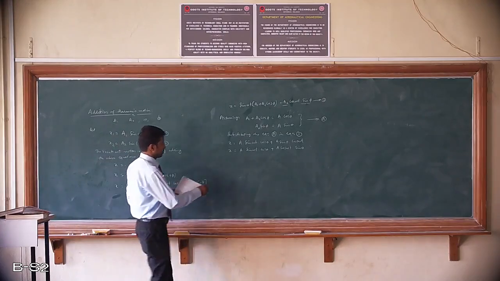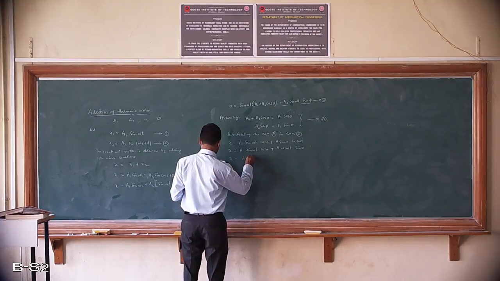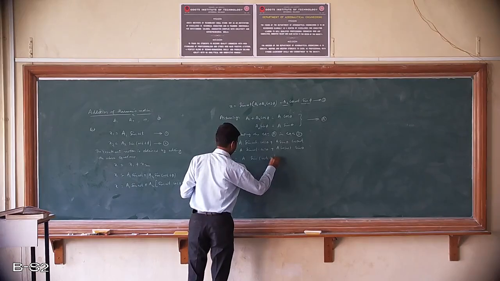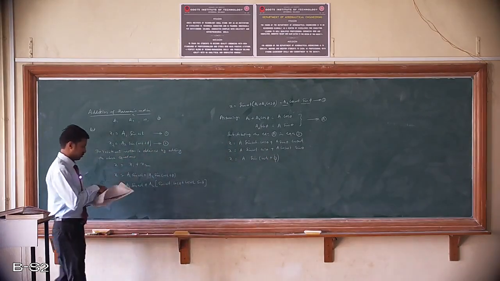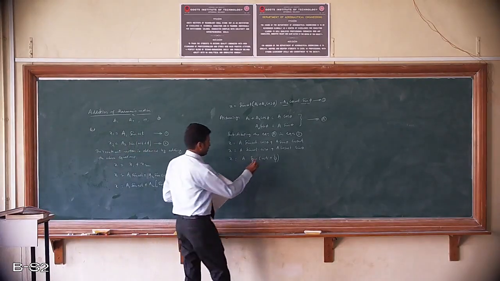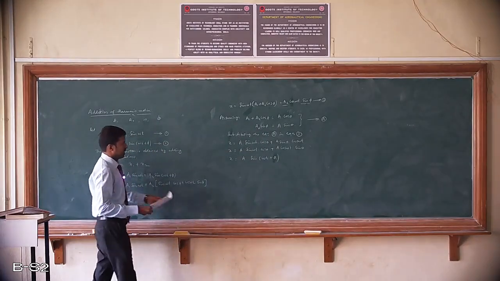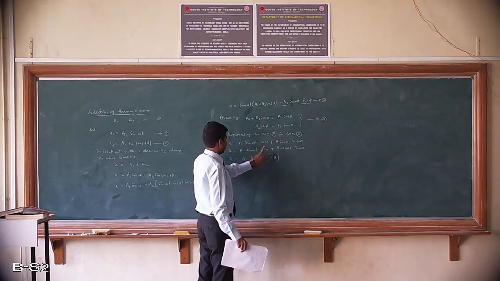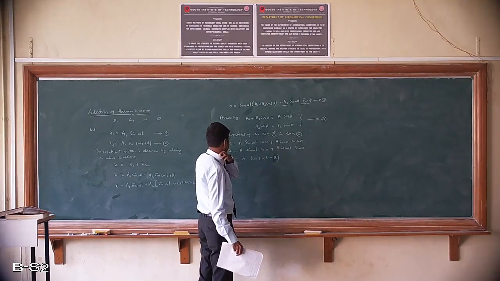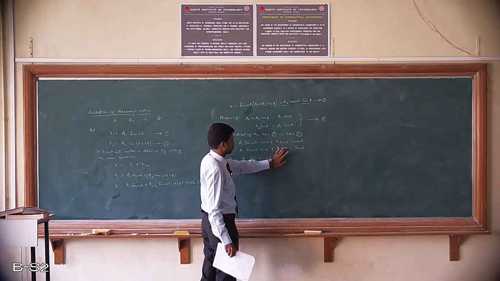So this is nothing but x = A sin(ωt + θ), sorry, not φ, it is θ. I have taken A outside, and in the bracket I have written sin ωt cos θ + cos ωt sin θ.